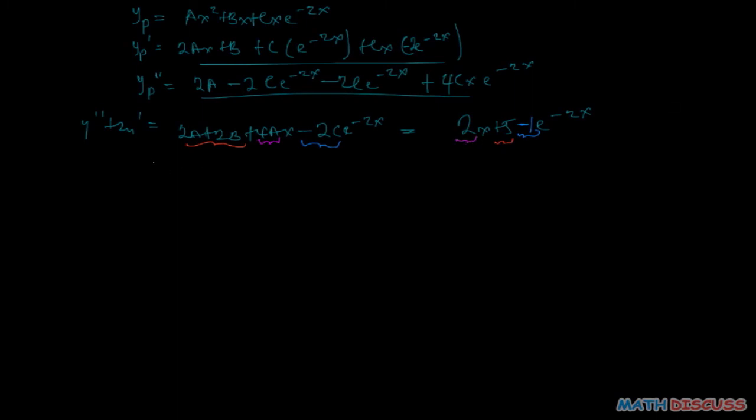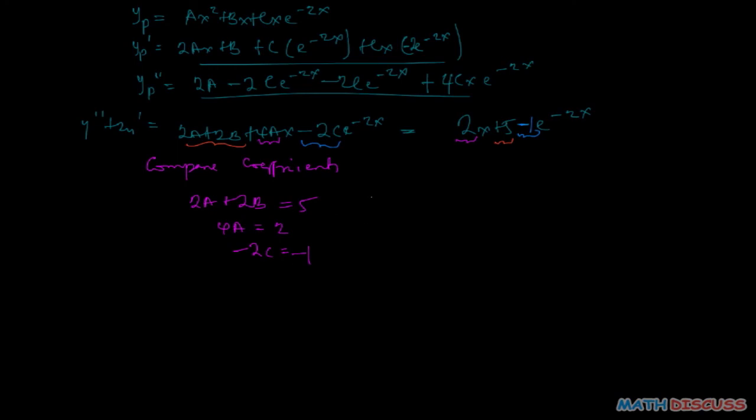So we compare coefficients now. When you compare coefficients, we have 2a plus 2b, red to red, equals 5. Now this color to this color, so 4a equals 2, and then the coefficient of e to the power negative 2x is minus 2c equals negative 1.